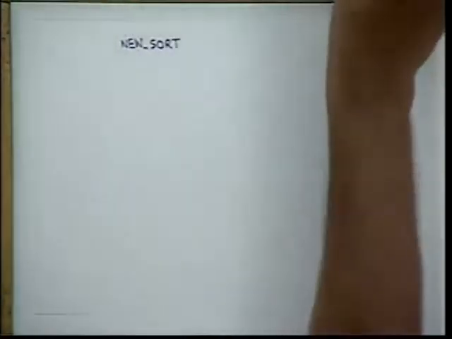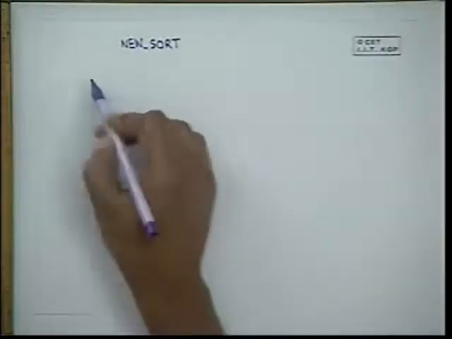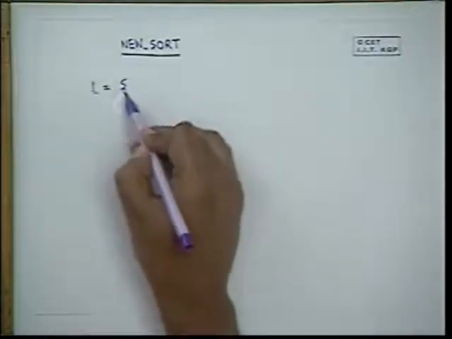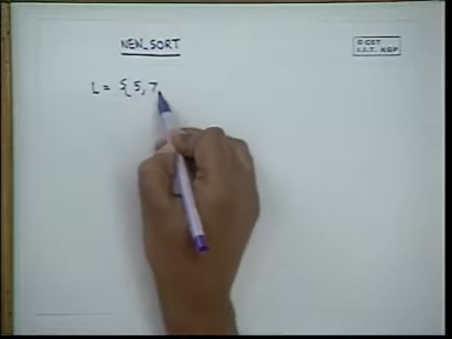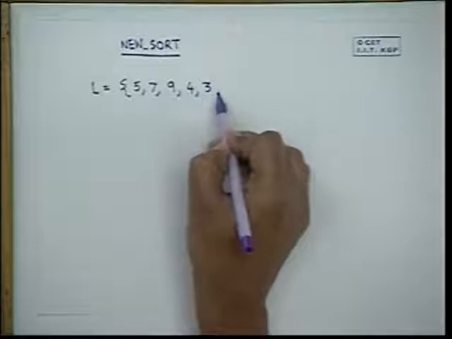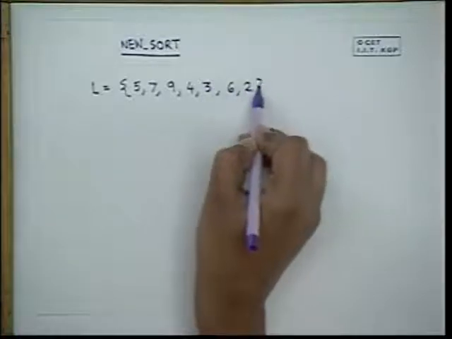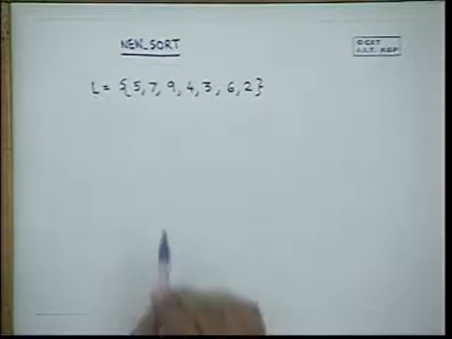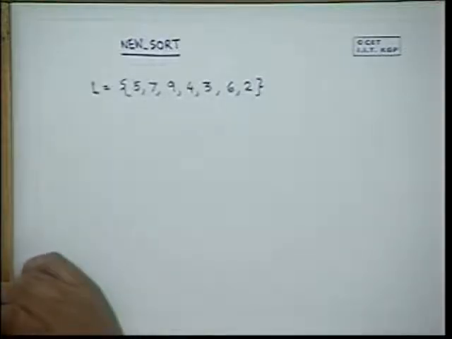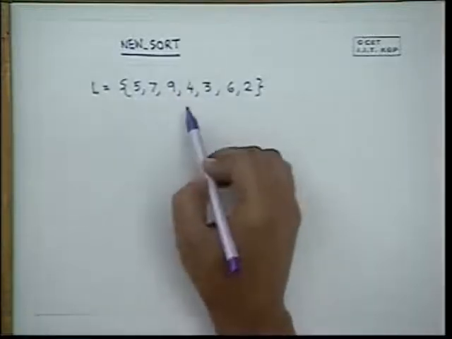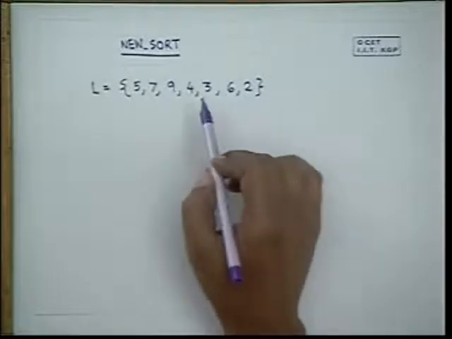Let's take the same set of elements which we were doing before, L. So now we have to sort this. We have seen max decompositions. We have seen split, sort, and combine.